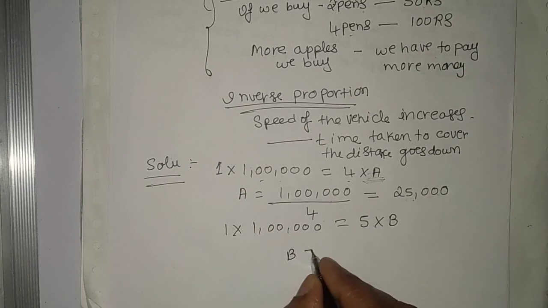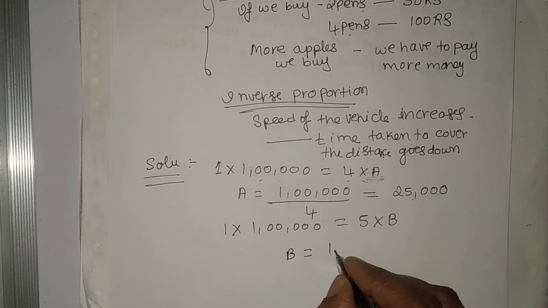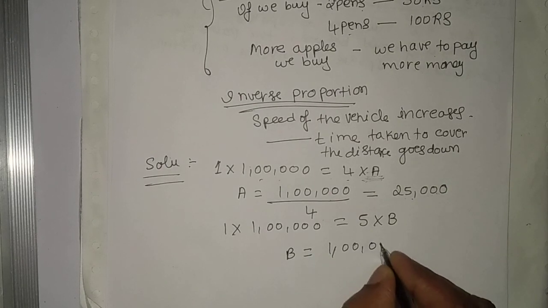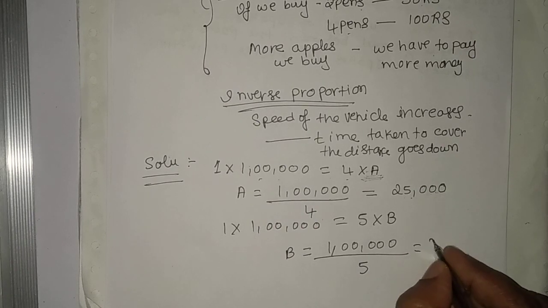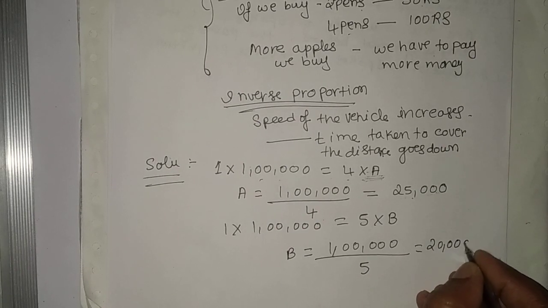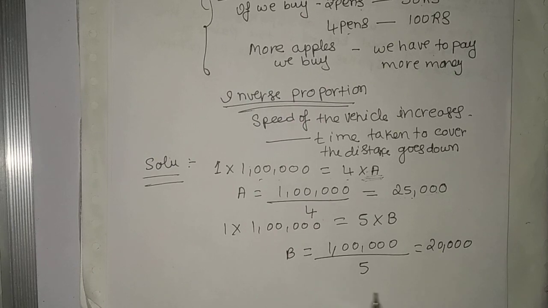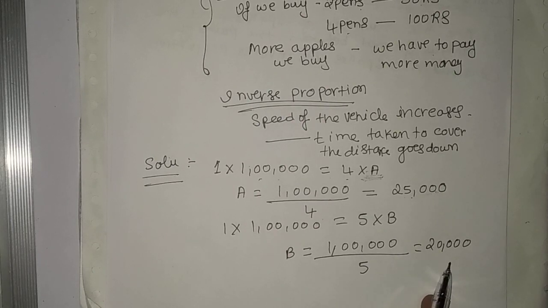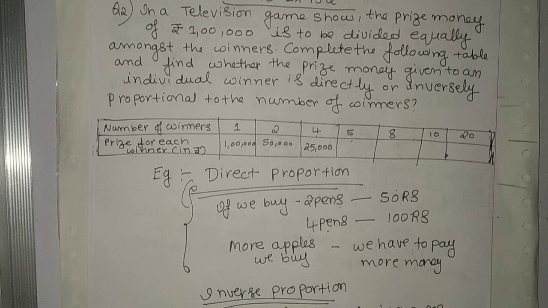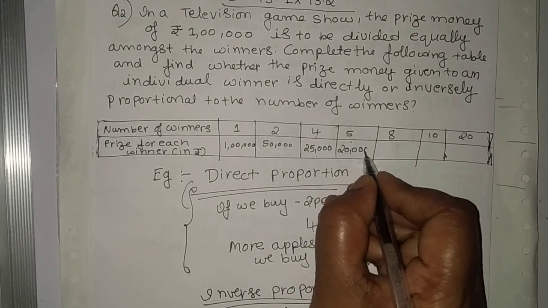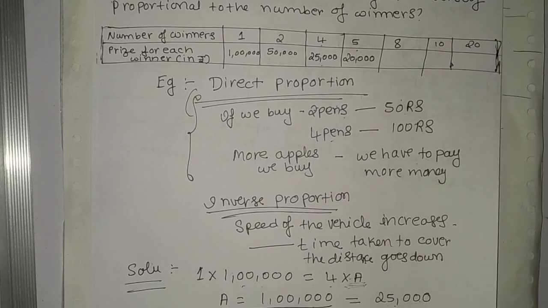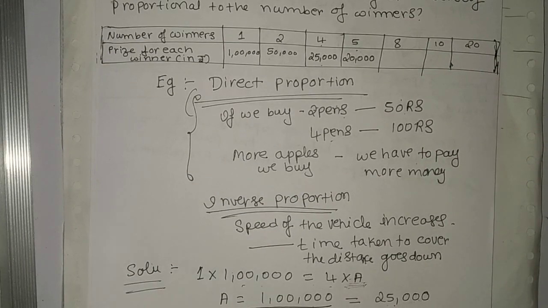Therefore B is equal to 1 lakh divided by 5, which is equal to 20,000. So if it is divided among 5 winners, each will get 20,000. So fill up the table as 20,000. So next we move on to the next value in the table, that is 8.